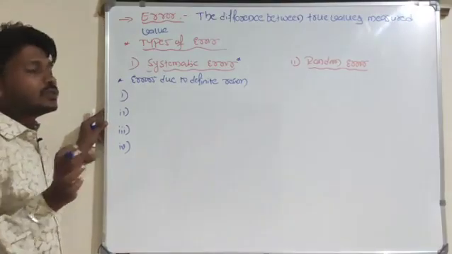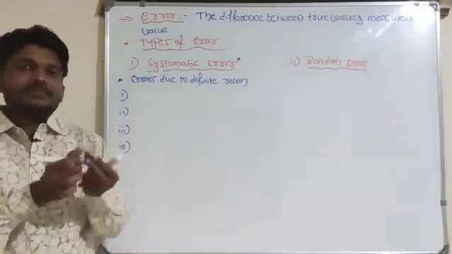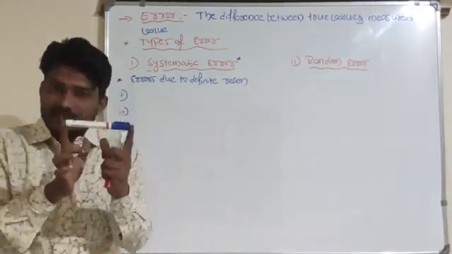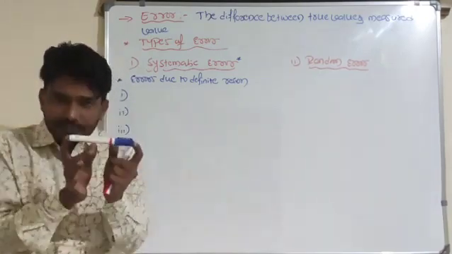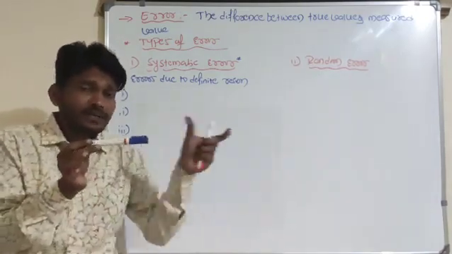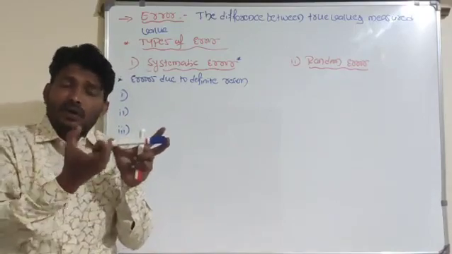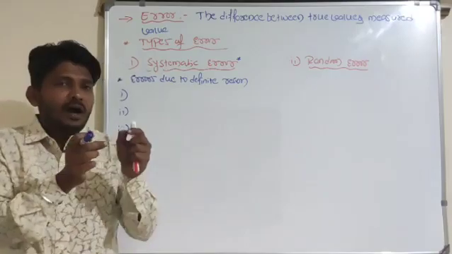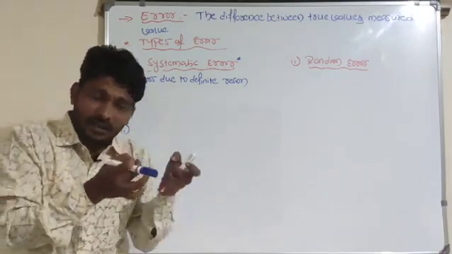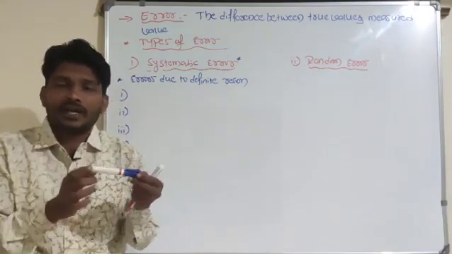Look here. I get certain kinds of errors while measuring a physical quantity. Say the true length of this object is 10 centimeter. If you measure the length of this object with a scale, and that scale is bent, or the numbers do not appear clearly, then you get certain errors.